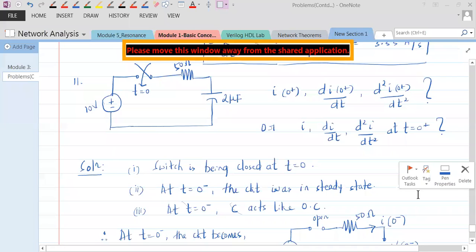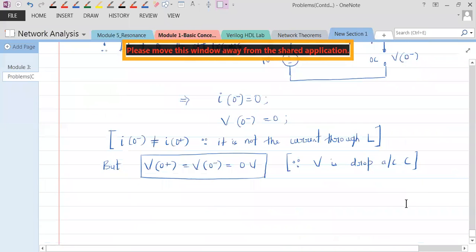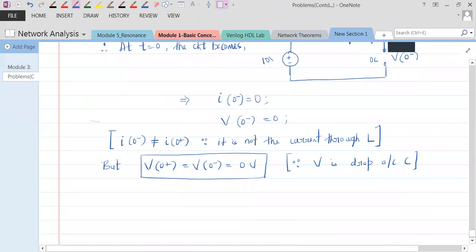Now to find I of 0 plus, we have to consider the circuit at T equal to 0 plus.